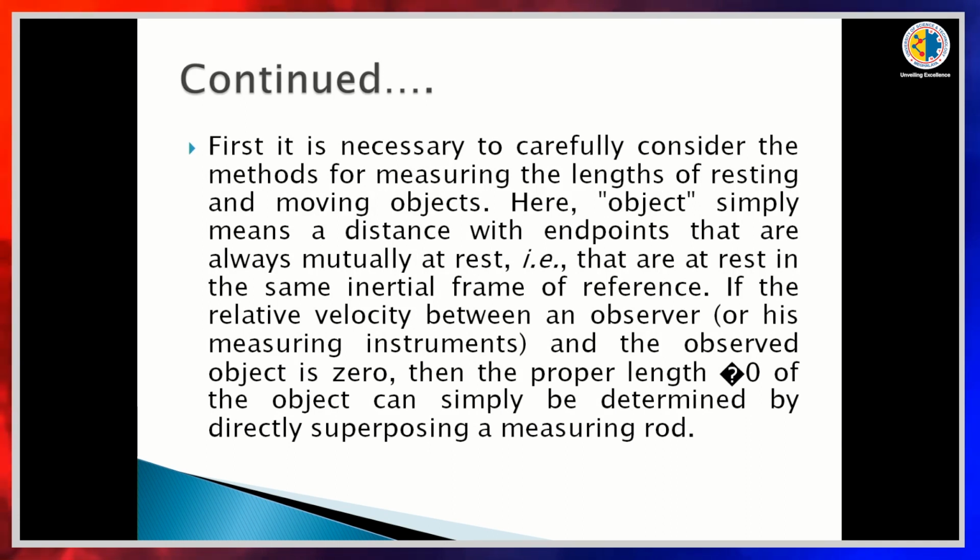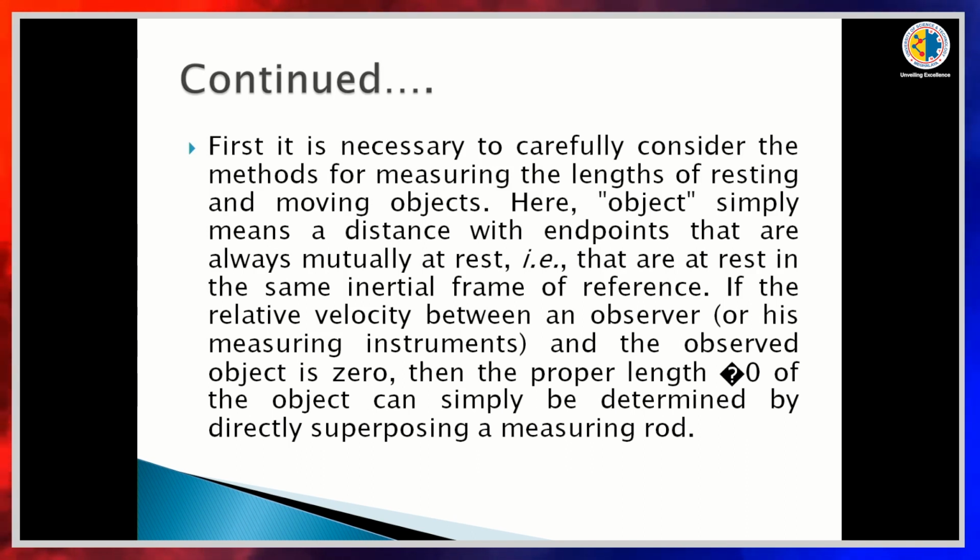First, it is necessary to carefully consider the methods for measuring the lengths of resting and moving objects. Here, an object simply means a distance with endpoints that are always mutually at rest, that is, at rest in the same inertial frame of reference.